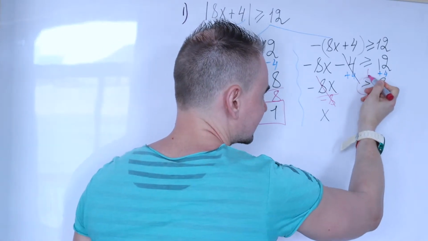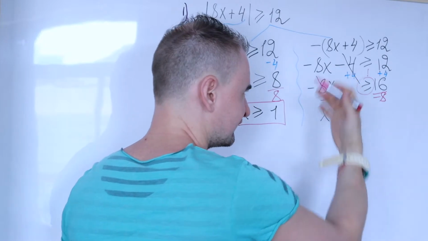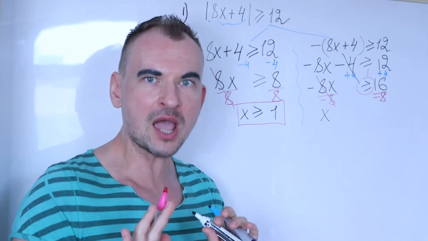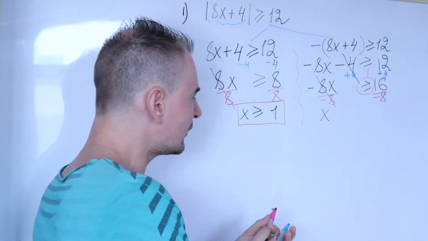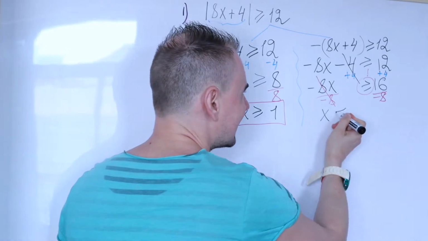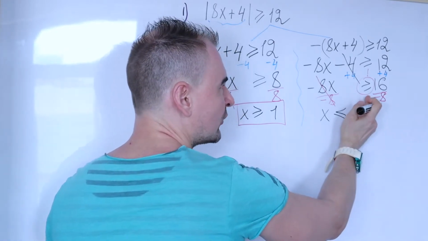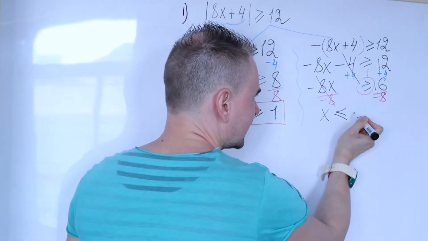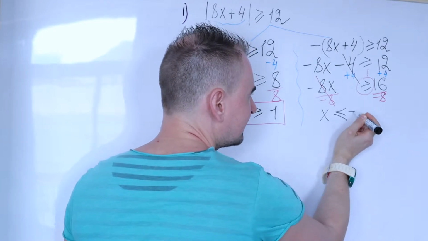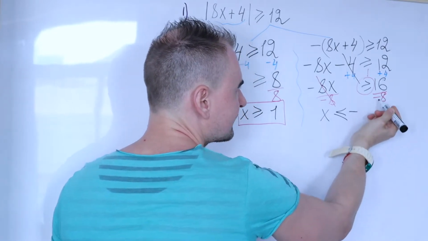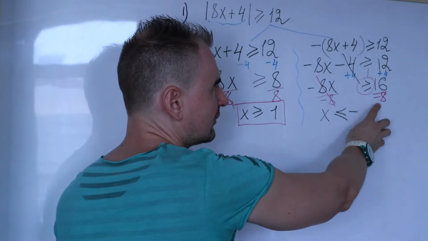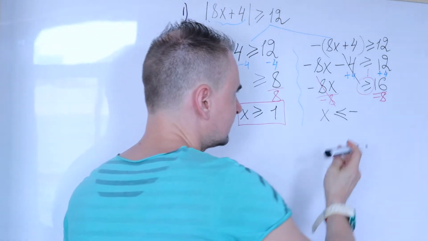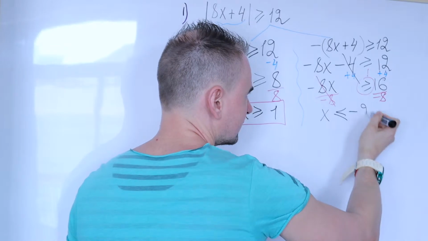I will put just kind of an exclamation mark because of this negative, because of dividing by the negative number. The same thing goes for multiplying by a negative. So it becomes less than or equal to, not greater than or equal to. And this fraction needs to be simplified a little bit. So overall it's negative, comes from this negative. So 8 goes into 16 twice, and you would be left with negative 2.